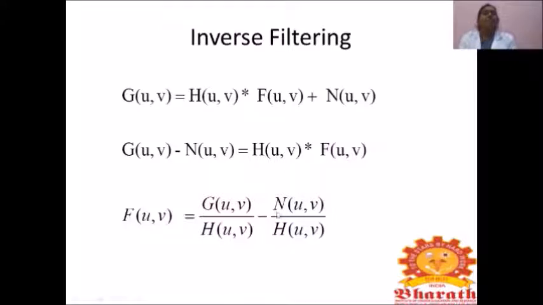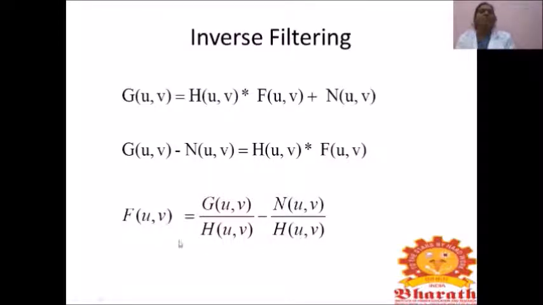Inverse filtering is basically good when there is no noise. Based on this noise part, the image appearance will change. For example, suppose H of u comma v is minimum, say 0, for a particular pixel. Then this term goes to infinity, so the noise becomes very big.